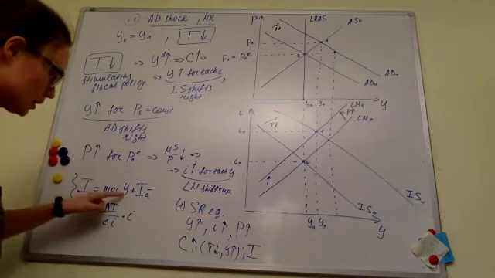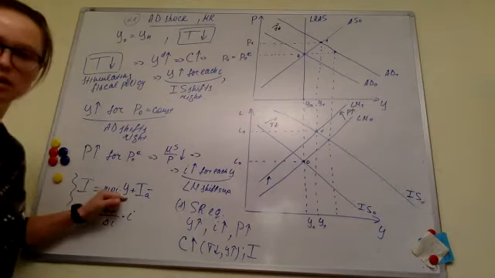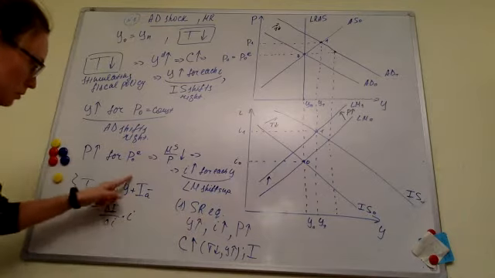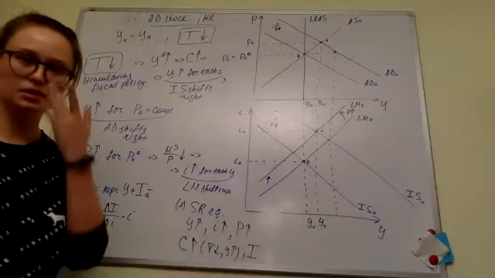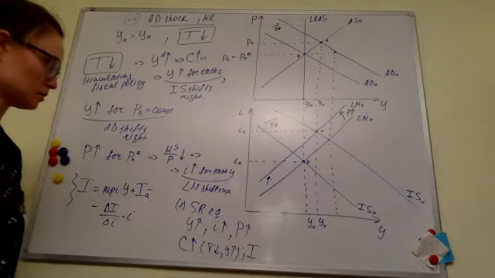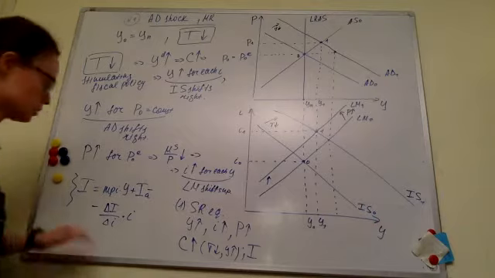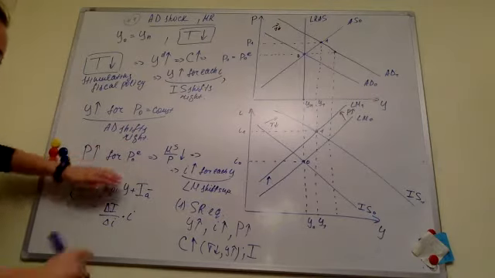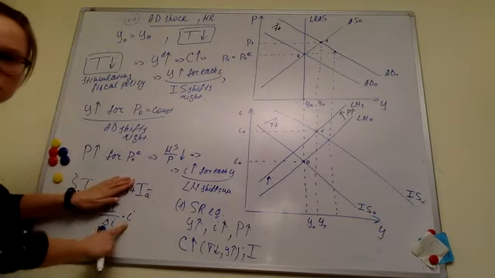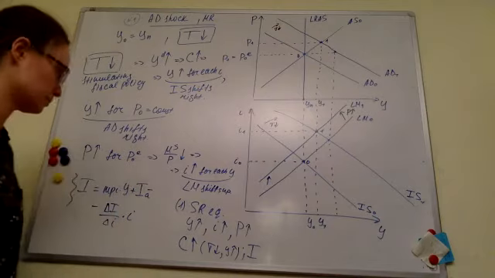So we can have this positive connection between investments and GDP. We have higher output, and investments can go up. We need to calculate to say whether they increased or decreased. We don't know. But if we assume we have only a connection of investments with interest rate and without GDP, we can say that they decreased.